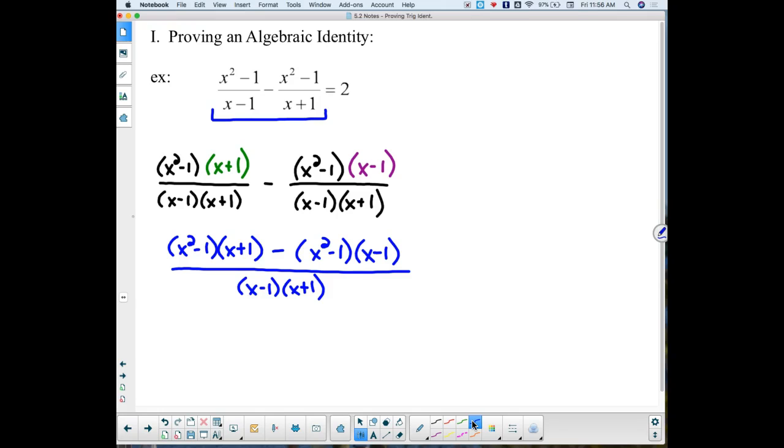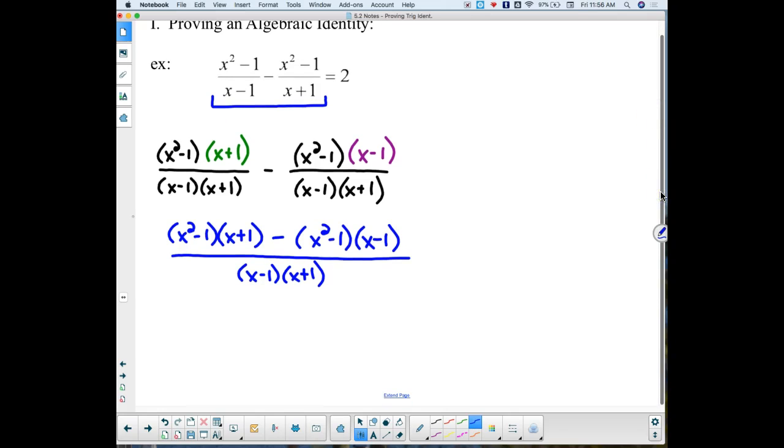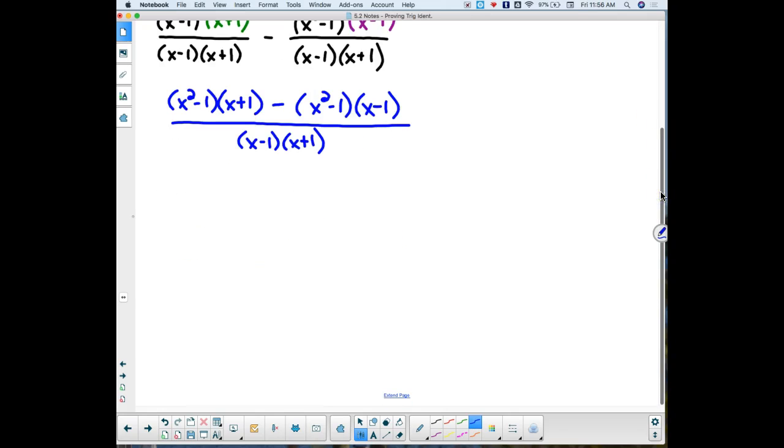Yes? What jumps out at me right now is the fact that both of the terms on top have this x squared minus 1 term in them, right?